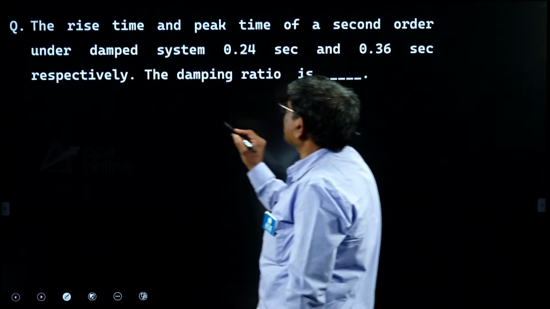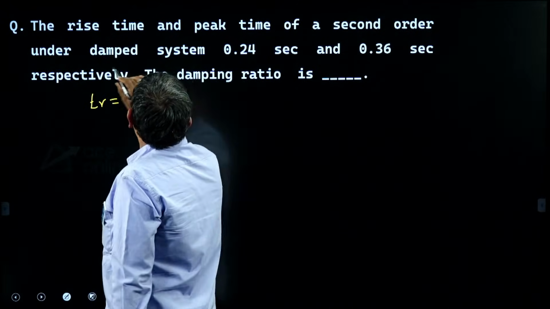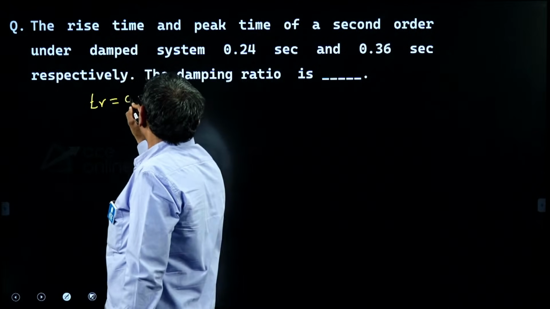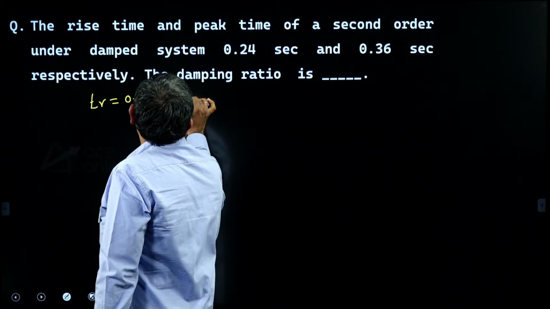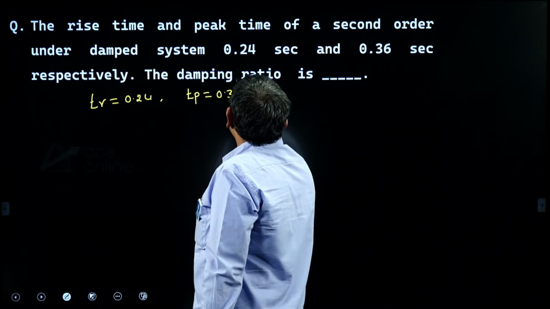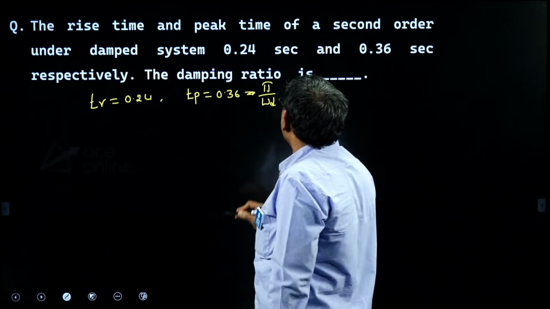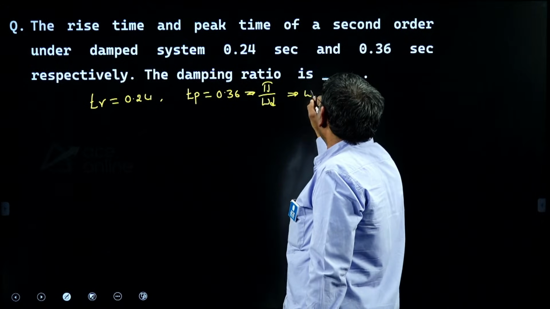First, rise time TR is 0.24, and TP equals 0.36. So first find omega D, using the TP formula, pi by omega D.